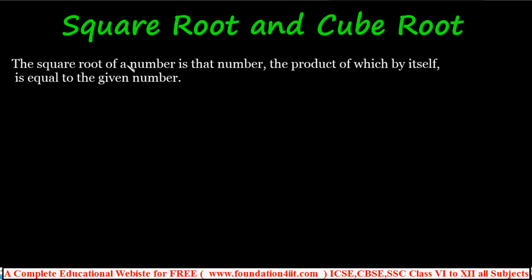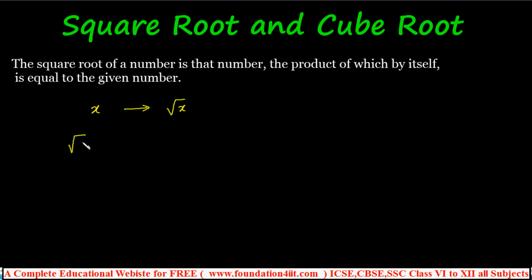First, if you observe the square root, the square root of a number is that number, the product of which by itself is equal to the given number. We can denote the square root of x like this, the symbol is this, square root of x.